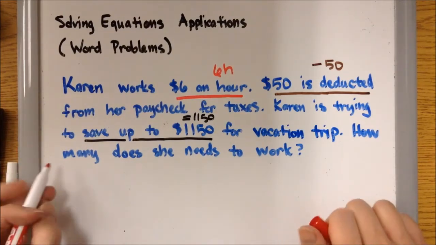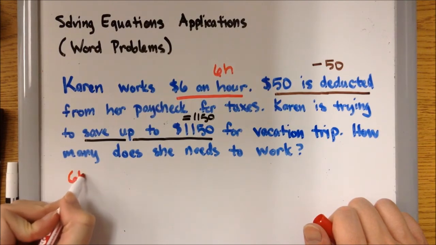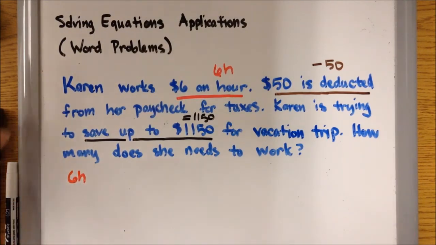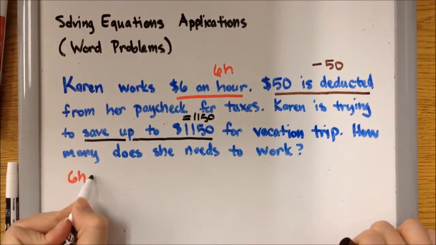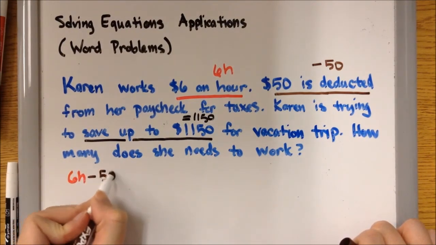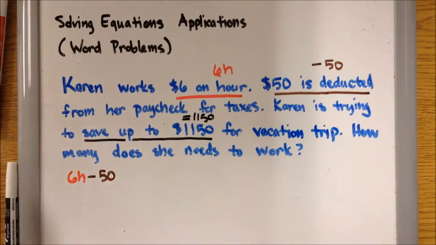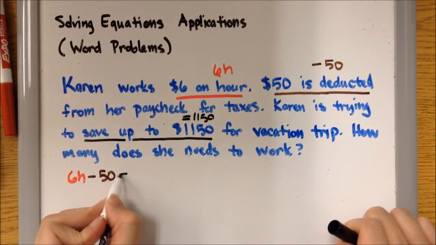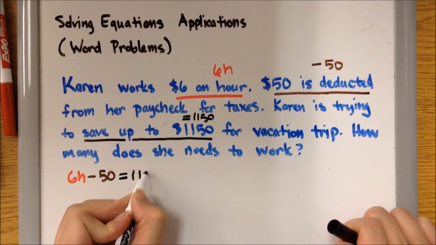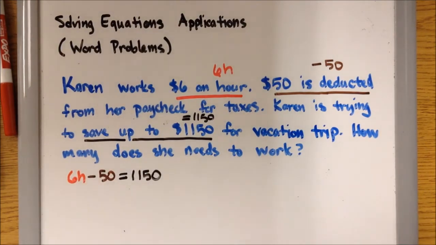We have 6H, that's how much she makes per hour. And then for her taxes, $50 is deducted, so minus 50. And at the end, after taxes, she wants to earn $1,150. So here's our equation.